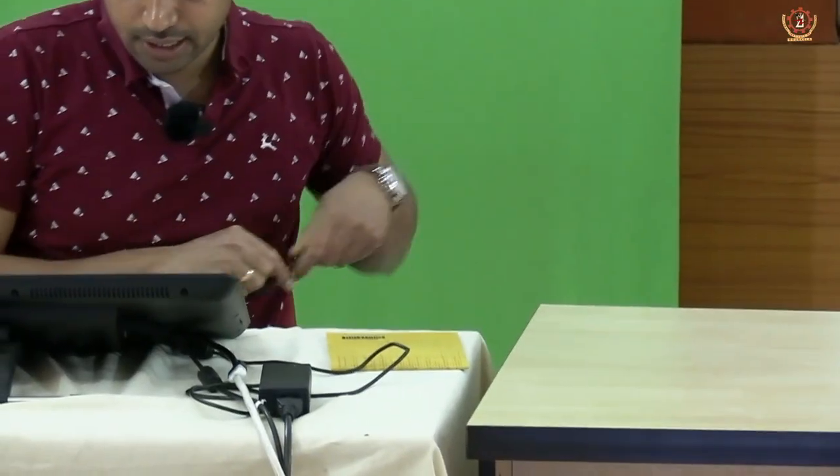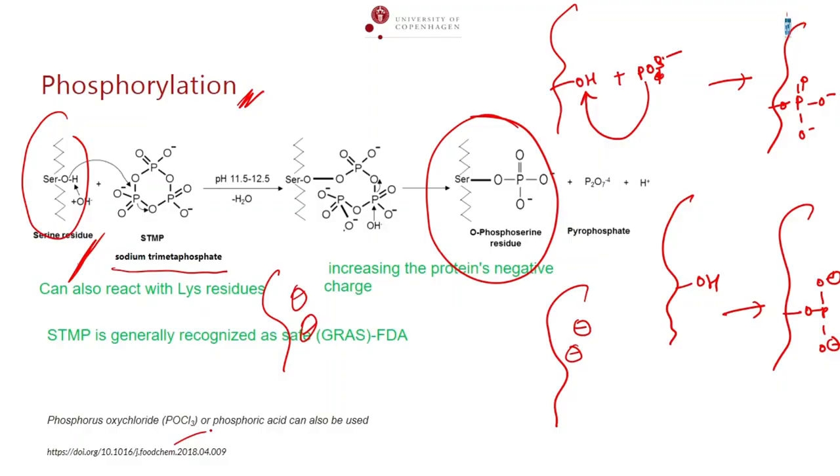Instead of that, you can also use phosphorus oxychloride or phosphoric acid to modify the protein. But please note that you're not only modifying serine residues; lysine can also react in exactly the same pathway. Lysine is an essential amino acid, so modification can compromise the nutritional value.